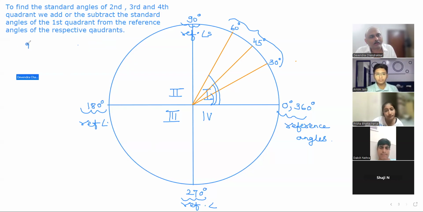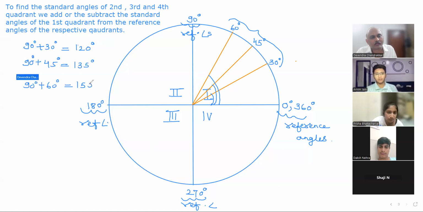So what I'll do is add all these standard angles to 90 degrees: 90 plus 30, 90 plus 45, 90 plus 60. This is 120 degrees, this is 135 degrees, and this is 150 degrees.